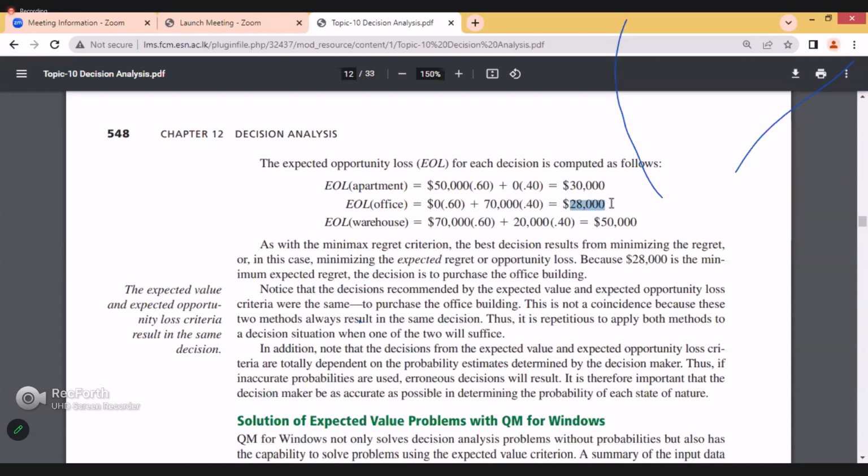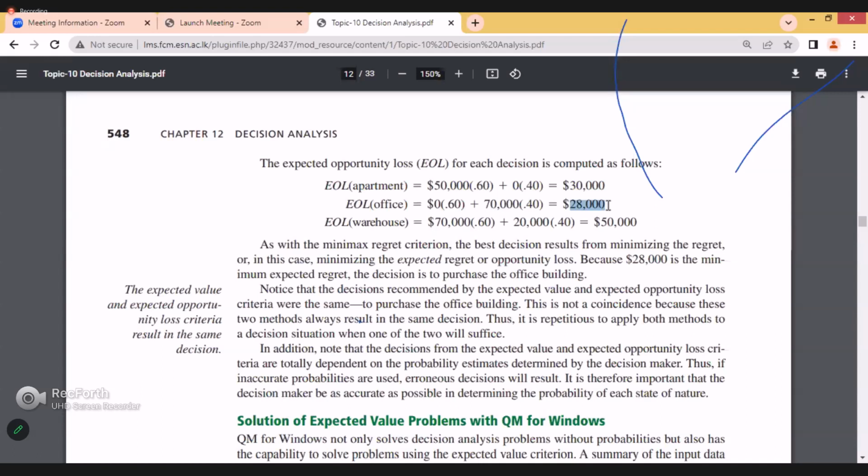Less opportunity loss is the decision. Be careful. Don't go for the maximum. Here, expected opportunity loss. Whenever the minimum loss has to be considered for the decision making. So according to that, office building is the best. Because by assigning these probability values, we are making these calculations.